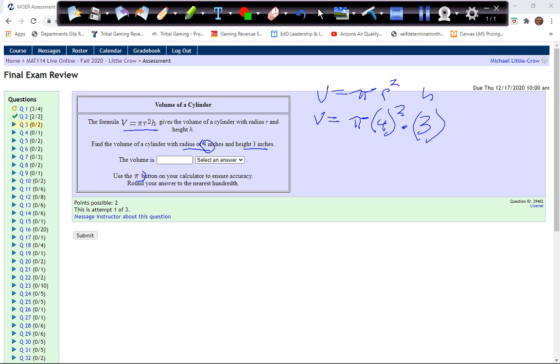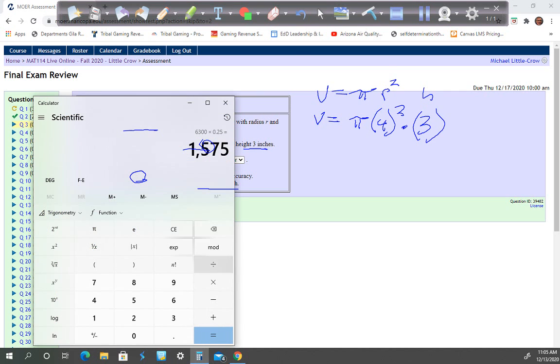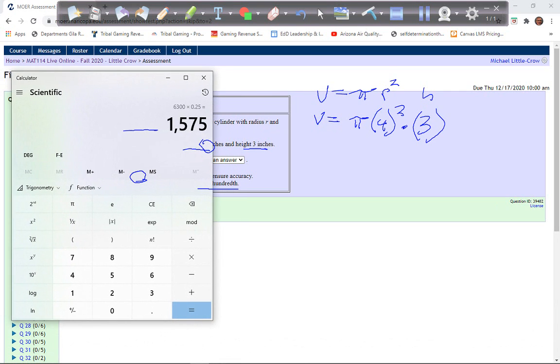And it says use the pi button on your calculator so we get enough accuracy, and then we want to round it to the nearest hundredth. Okay, see if we have a pi button. We do have a pi button, so we can go pi times 4 squared is 16.